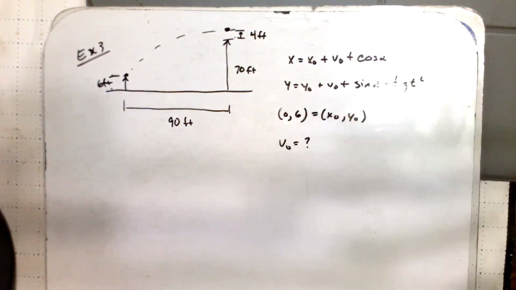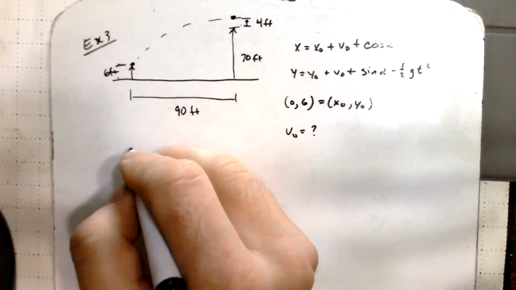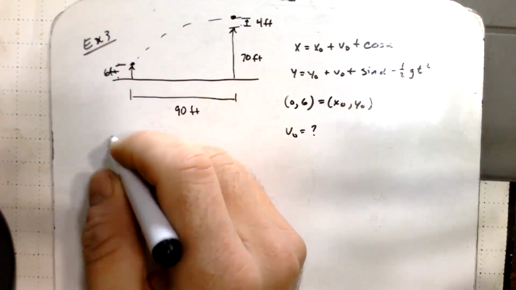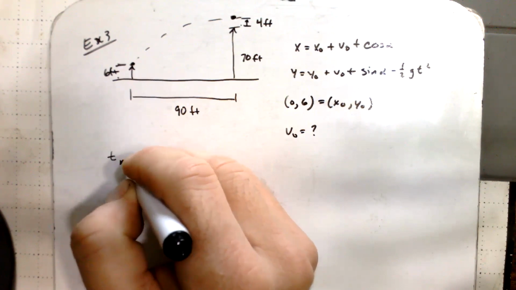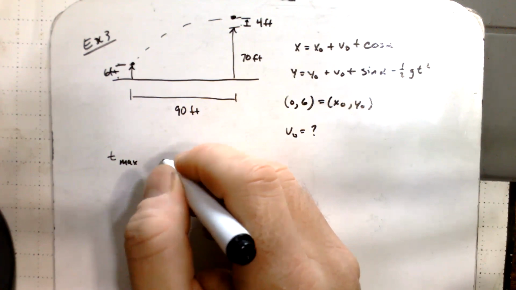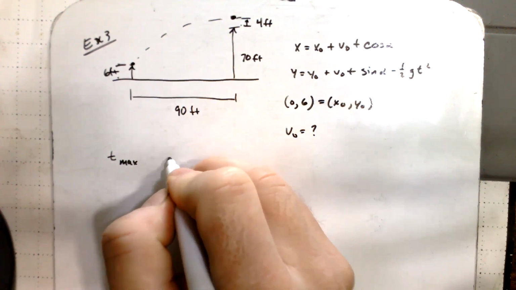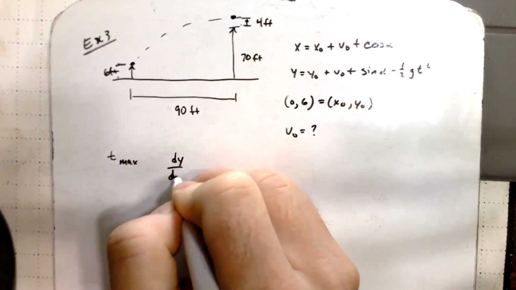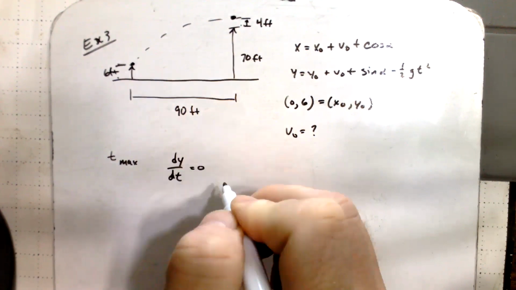Okay, let's go ahead and dive into it. The first part of the question was to find out T max. So when is y at its greatest height? Well, if you remember from the last one, it's when dy/dt is equal to 0.